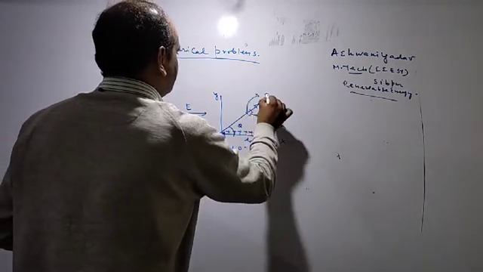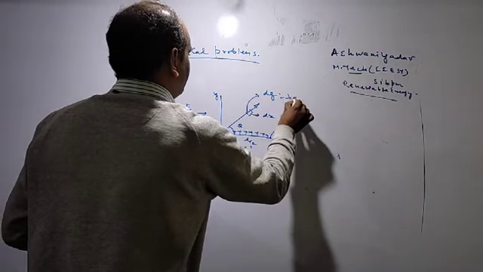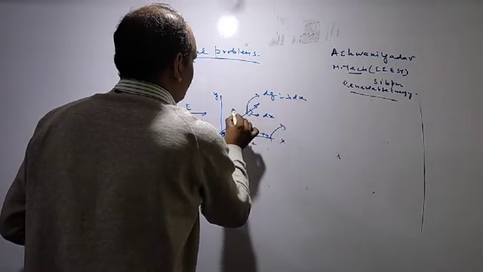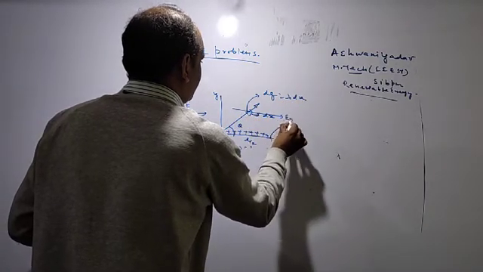Now this has charge dq equal to lambda into dx, and the electric field is along this direction.